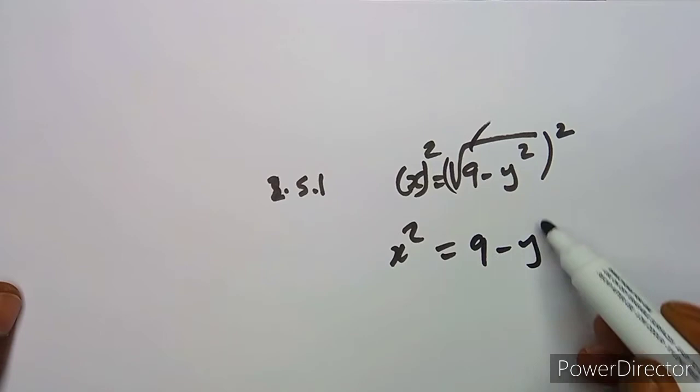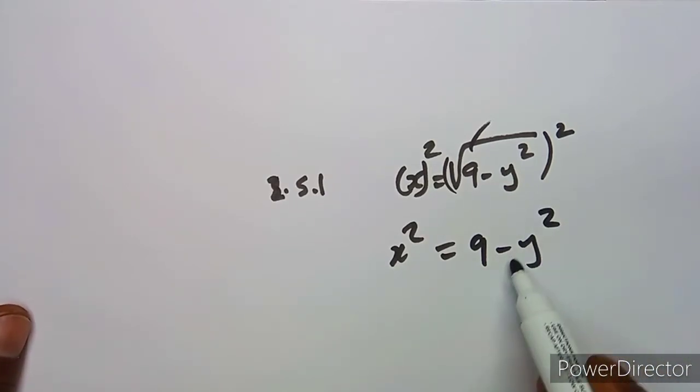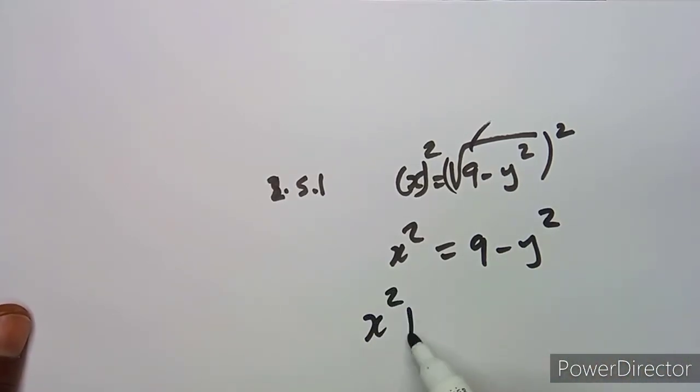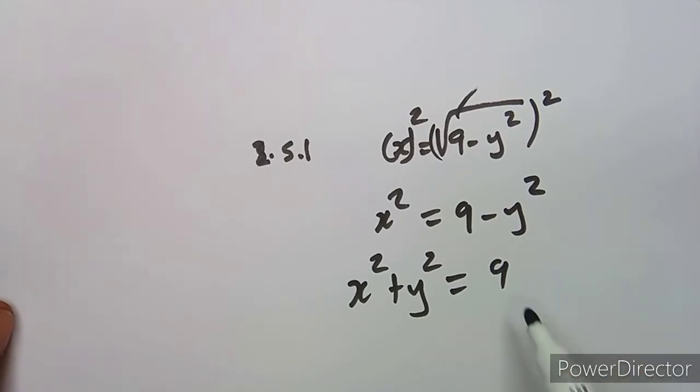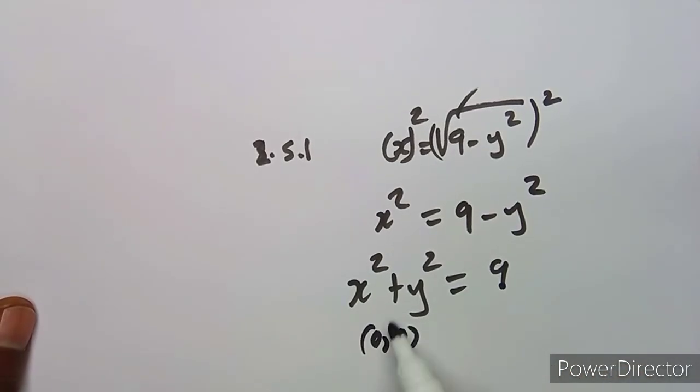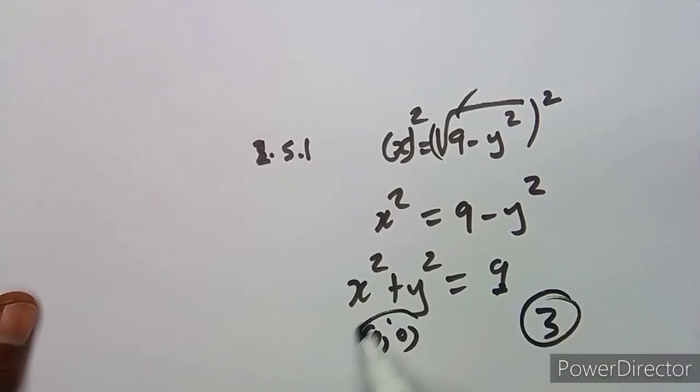So the moment you transpose this to this side, it's going to be x squared plus y squared is equal to 9. All right. Then, remember, this is a circle with center 0, 0, where the radius is the square root of 9, which is 3. So you're going to have a radius of 3.